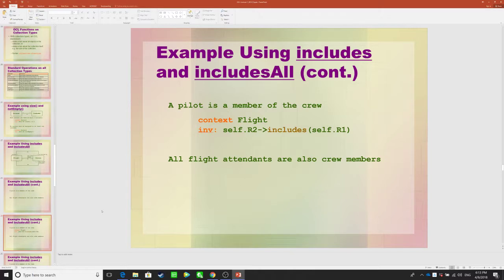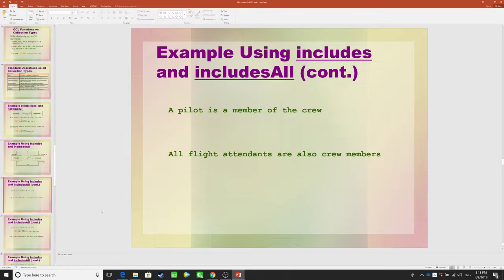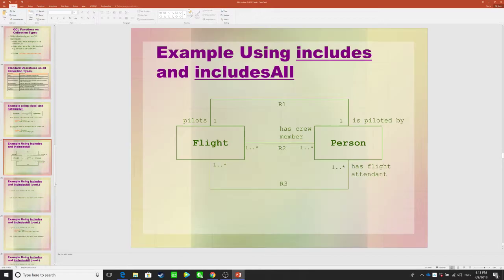So the second, all flight attendants are also crew members. Is it similar to that? It's the same thing except R3, right?